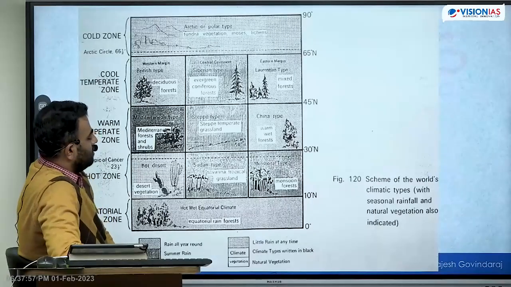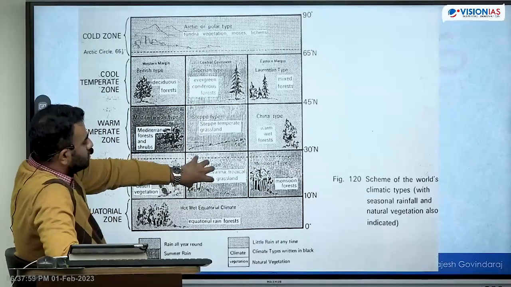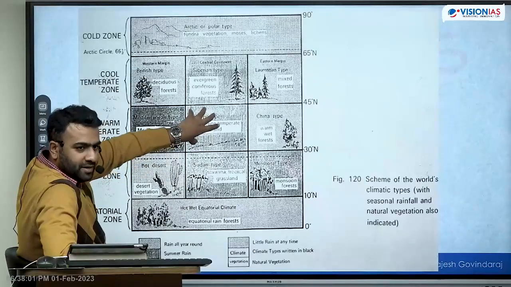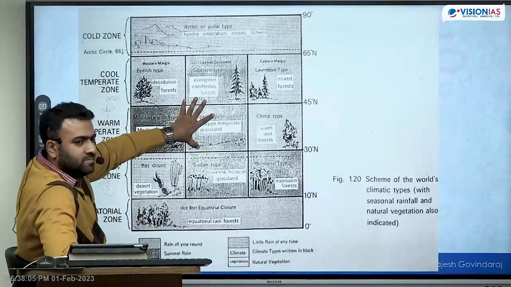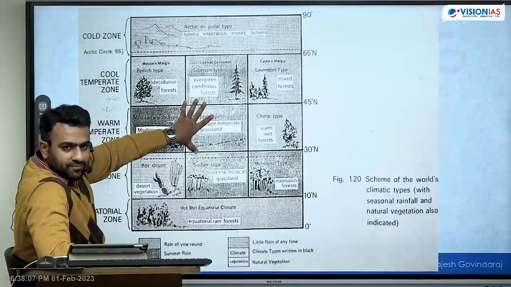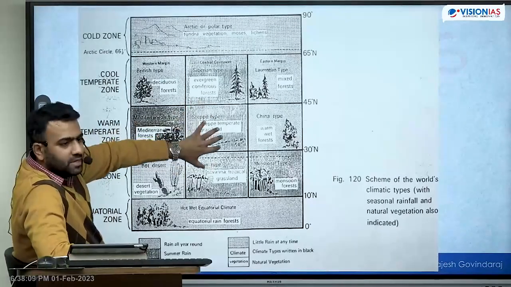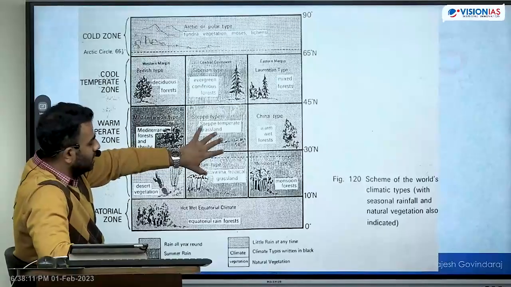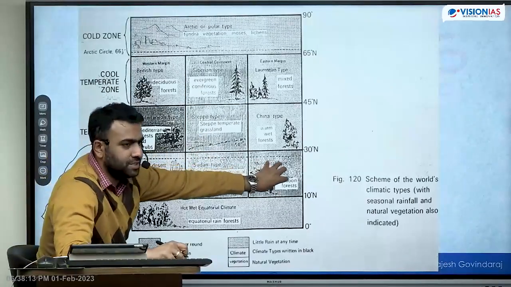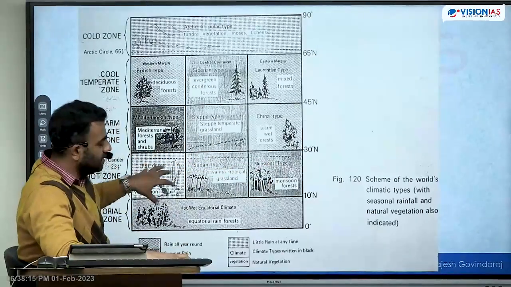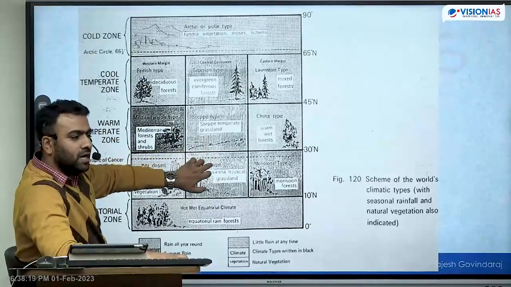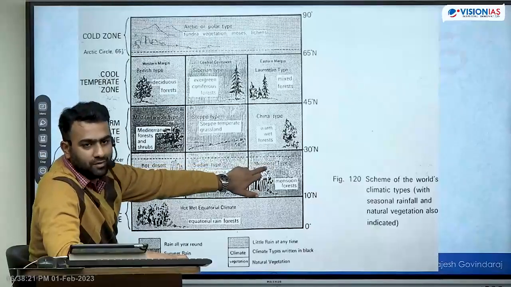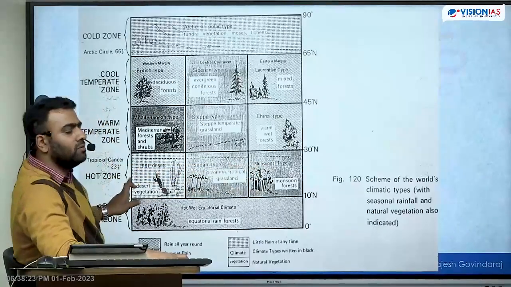See, both in the hot zone as well as in the warm temperate, the continental region is made up of grasslands. दोनों जगह में यहाँ पर grasslands होता है. In the hot zone, we have high precipitation here. We have very low precipitation here. Here it is moderate. The precipitation is not high to support a thick growth of forest. It is not low to become a desert.